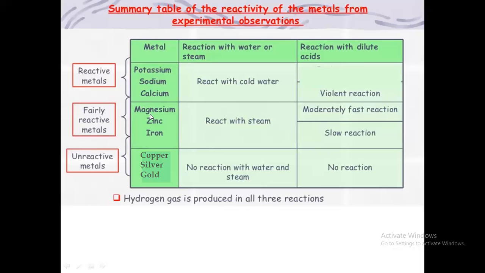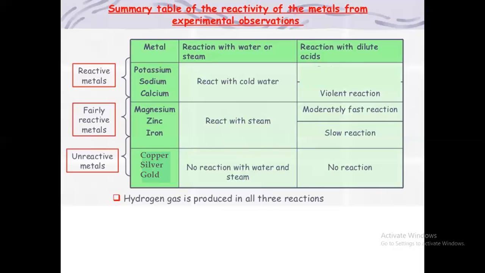And finally, unreactive metals are placed at the bottom of the reactivity series. That's why potassium is at the top because it is highly reactive. Then come sodium and calcium in this list. They are also reactive. At the end of the list, the least reactive metals are present, according to their reactivity. Clear?